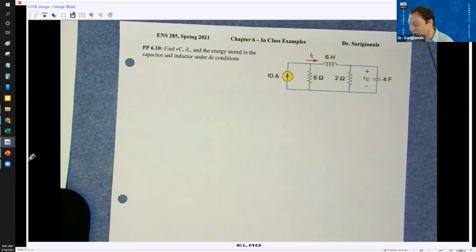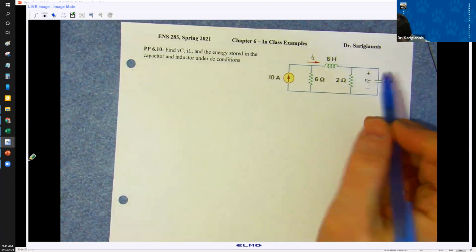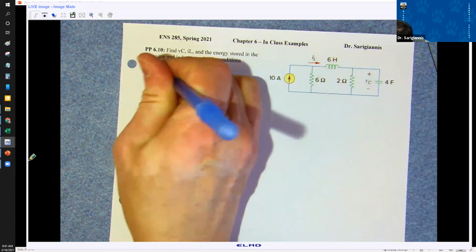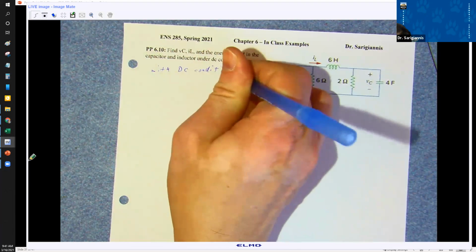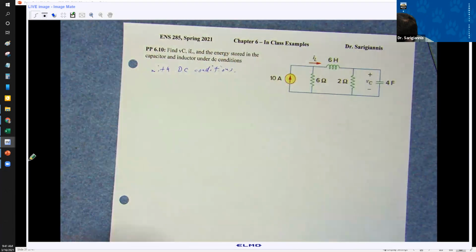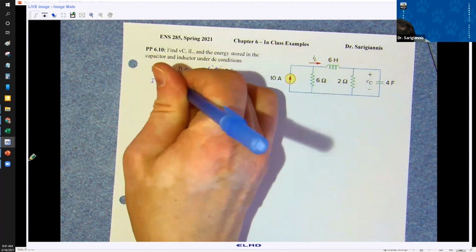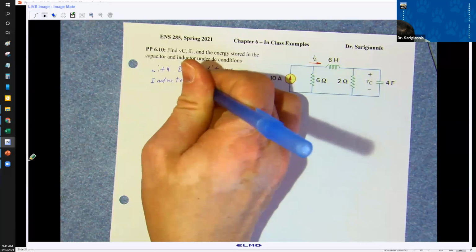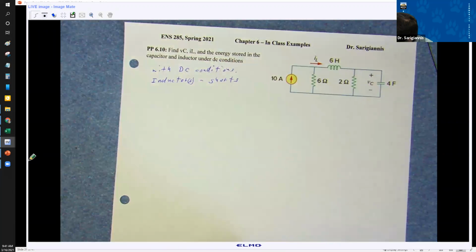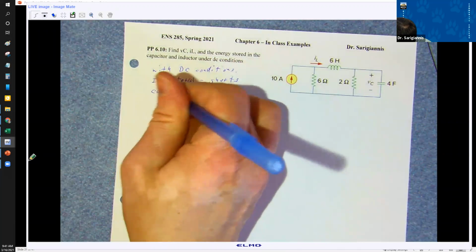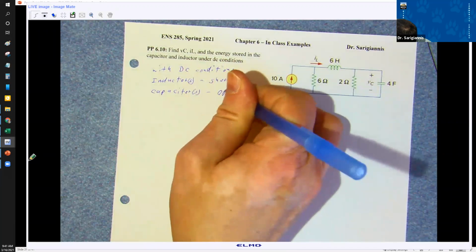I'm going to redraw this circuit because we're under DC conditions. With DC conditions, I'm going to replace the inductor or inductors with shorts and capacitors with opens.